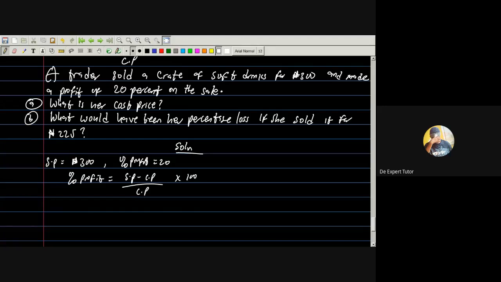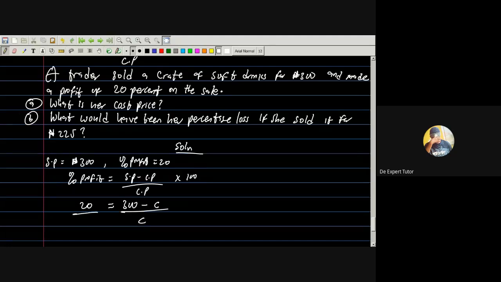So let us put in our percentage profit formula. We have percentage profit to be 20, so I'll put 20 equals to, what's my selling price? My selling price is 300 minus, I don't know my cost price. That's the question they ask you. So let me say my cost price is C, divided by C. You see this times 100 in C, I can decide not to say times 100.